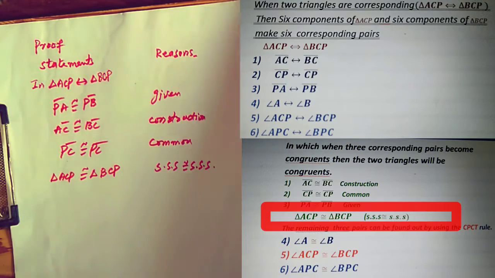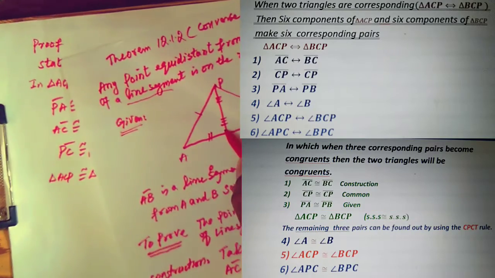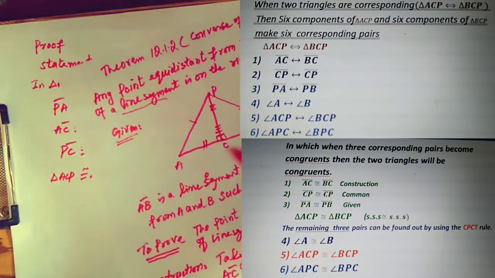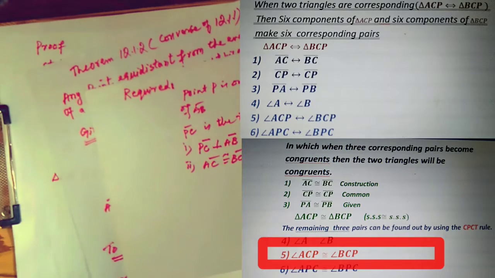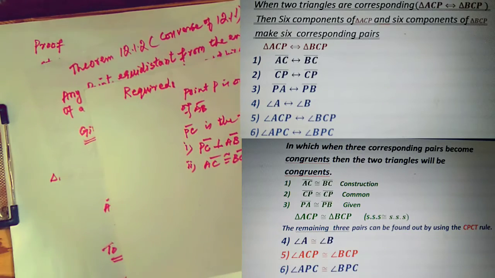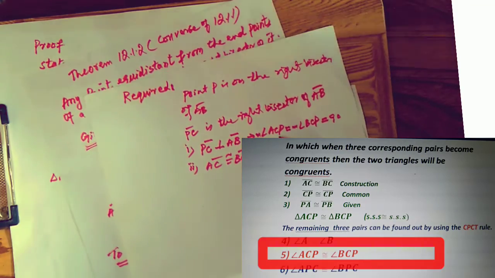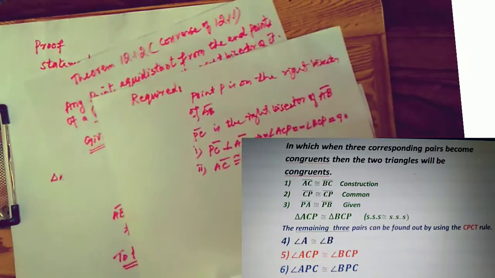The remaining 3 pairs can be found out by using the CPCT rule. Here we need the pair angle ACP and angle BCP, because in the required, when PC is perpendicular to AB, then angle ACP is equal to angle BCP, which is equal to 90.